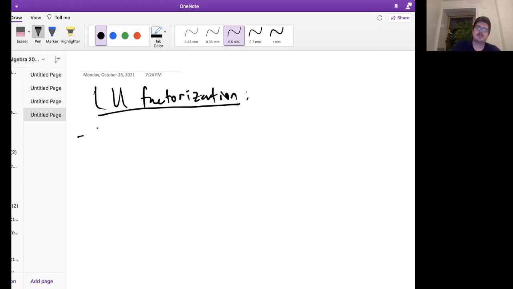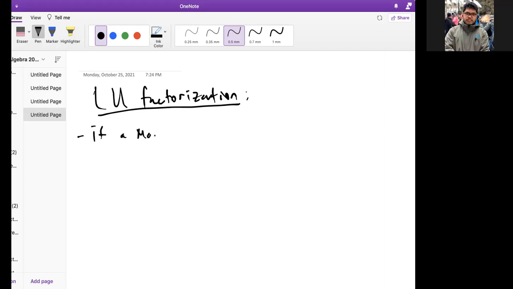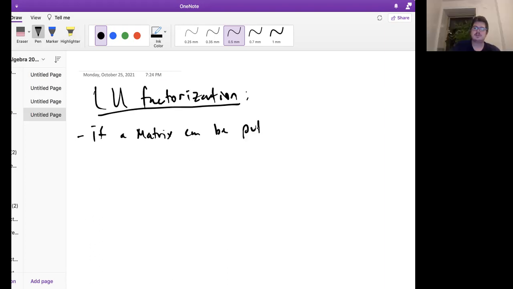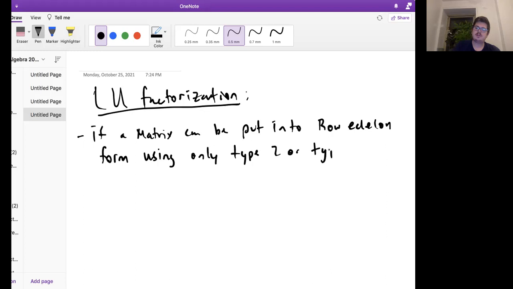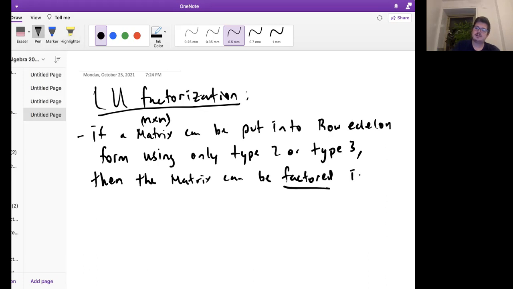The idea is the fact that we'll show, if a matrix can be put into row echelon form using only type 2 or type 3 operations, then, this is n by n, of course, the matrix can be factored into a lower triangular matrix times an upper triangular matrix.